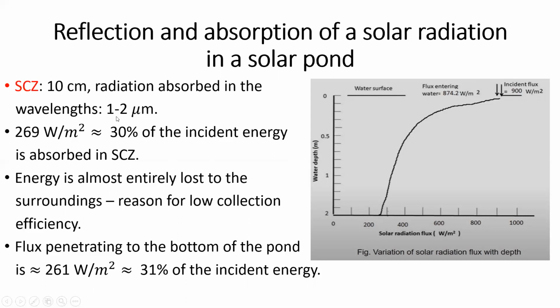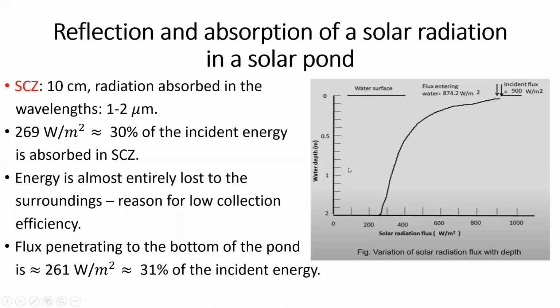Radiation absorbed in the wavelength 1 to 2 micrometer: in the 10 centimeter thickness, it is seen that 0.396, or 396 watt per meter square, of radiation is absorbed, amounting to 41% of the incident energy.